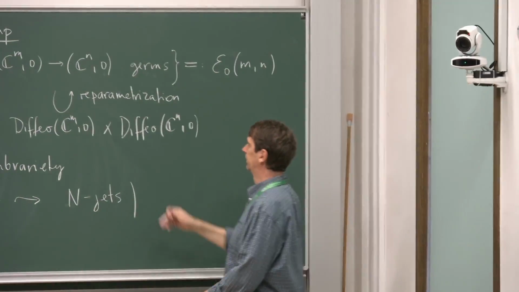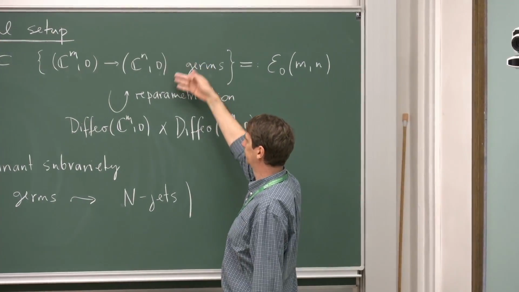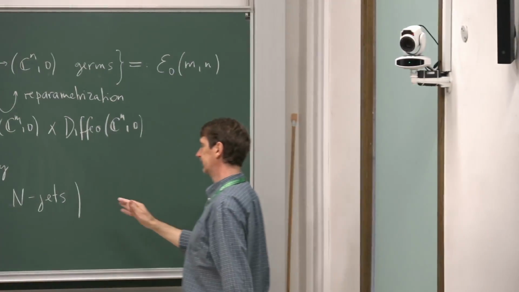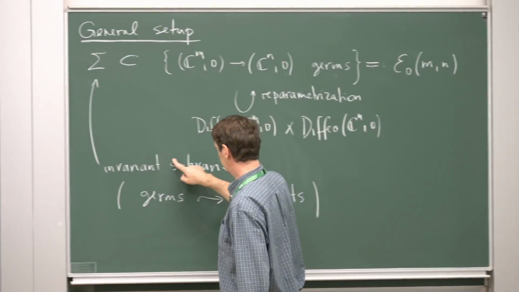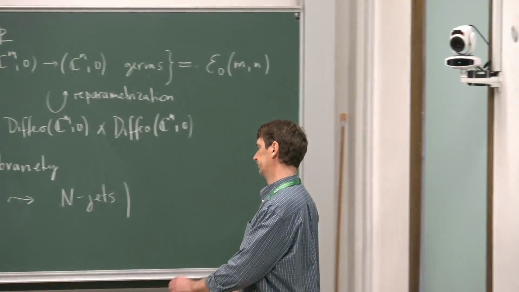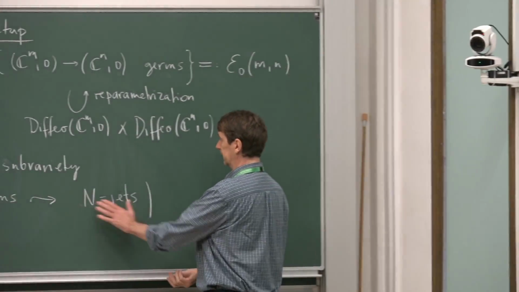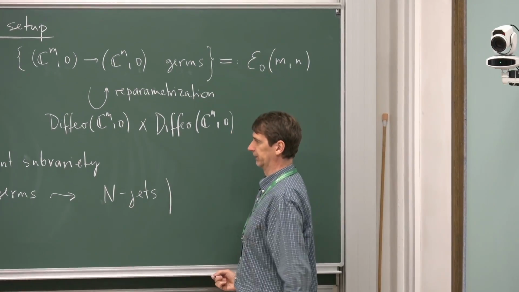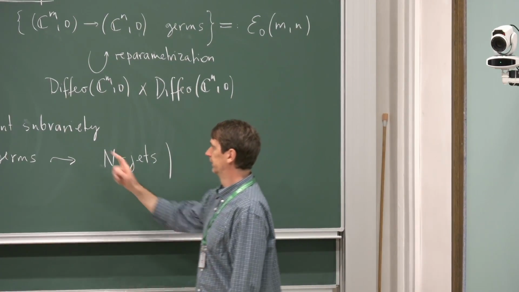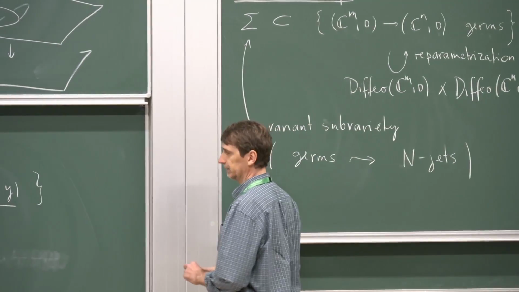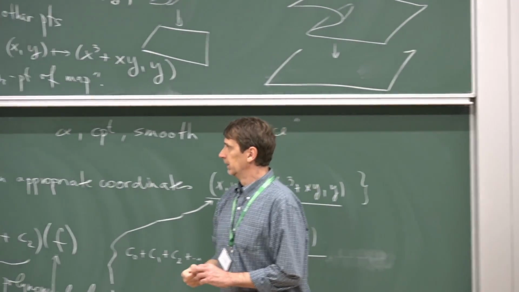So that's what I mean. So you can approximate the vector space and the group by large enough jets. And for all of our purposes, this is perfectly enough for large enough n. So don't worry about the infinite dimensionality of the story. So sigma is chosen to be an invariant subvariety.